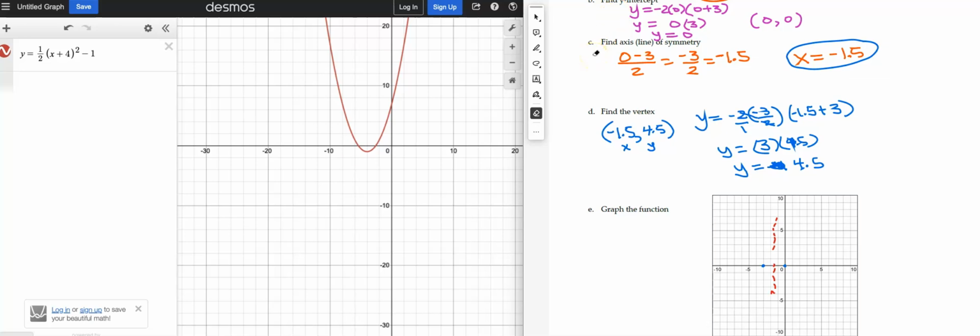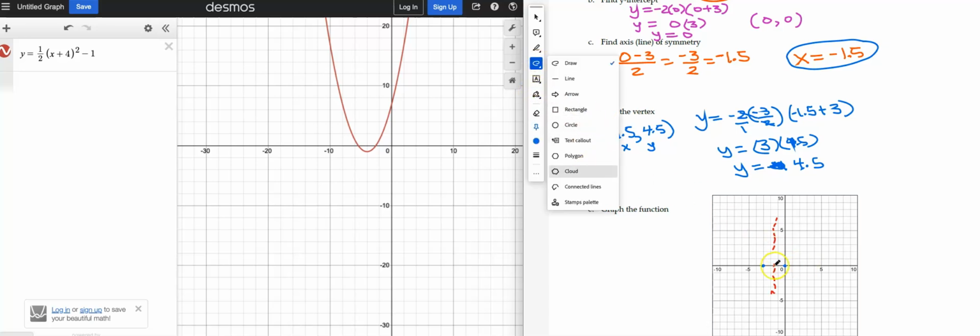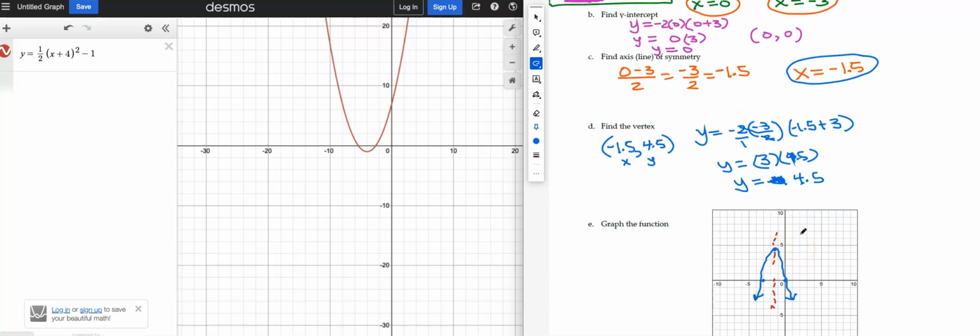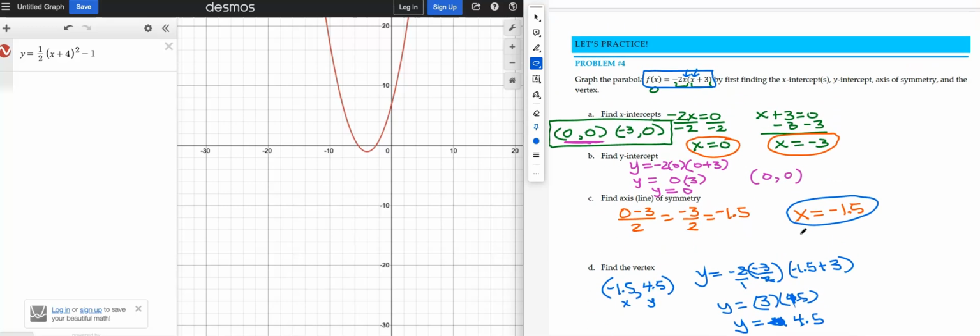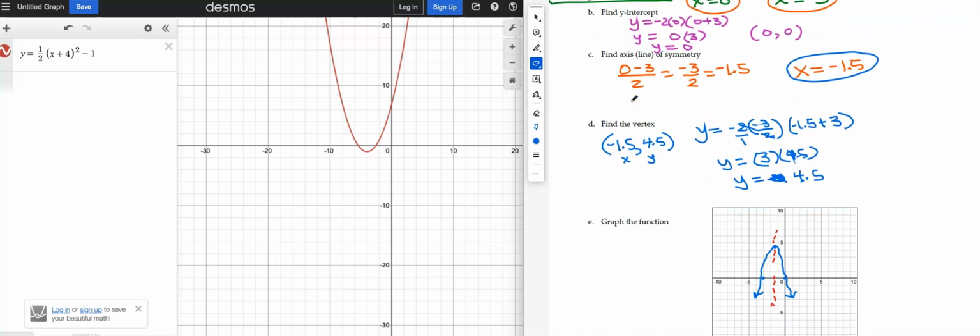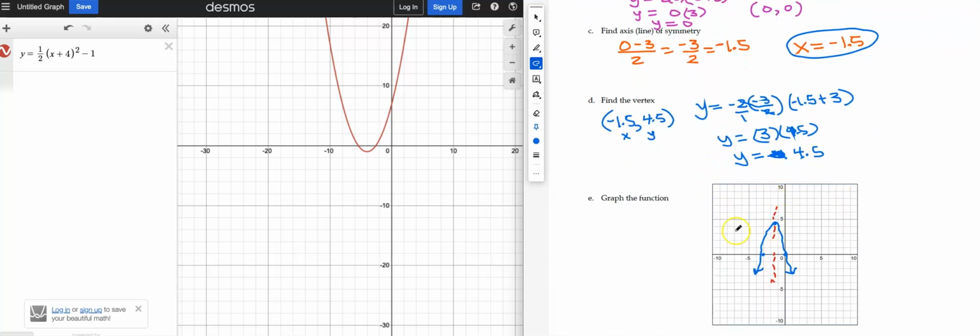So it should be over negative 1.5, up 4.5, so that's here. And then it should be going upside down because that number out in front is negative. So that's telling us. So now that makes it a maximum. Now we're going to have a maximum at that point.